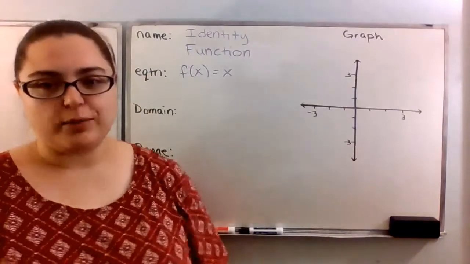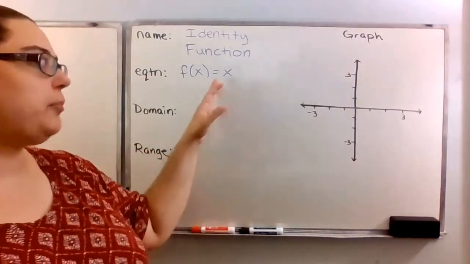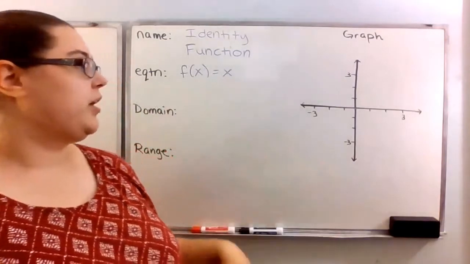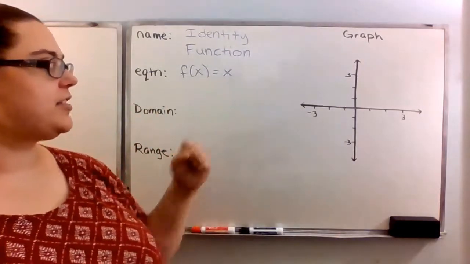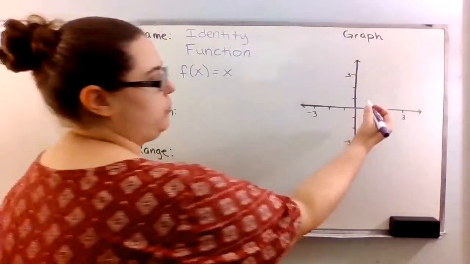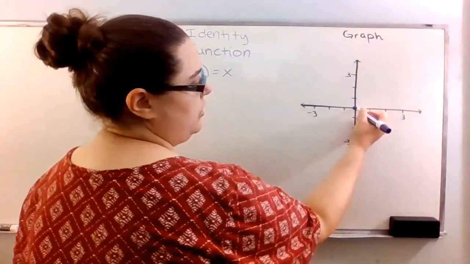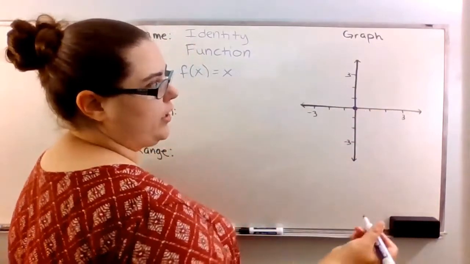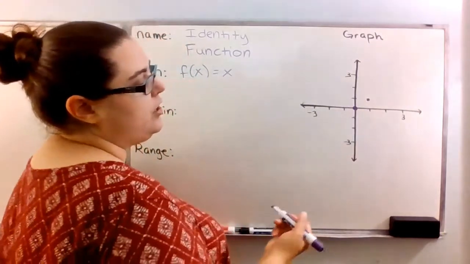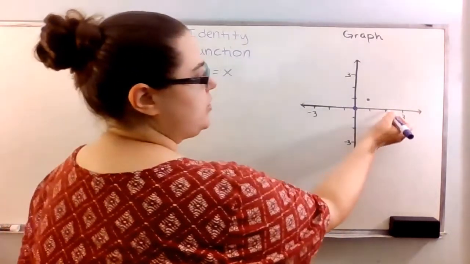Now you can create a table of values for this. This isn't super complicated, this function, so I'm just going to go through it. If x is 0, then y is the same as x, so y will be 0. So we go through the point 0, 0. If x is 1, y is 1. x and y are the same values for the identity function. So if x is 2, y is 2.